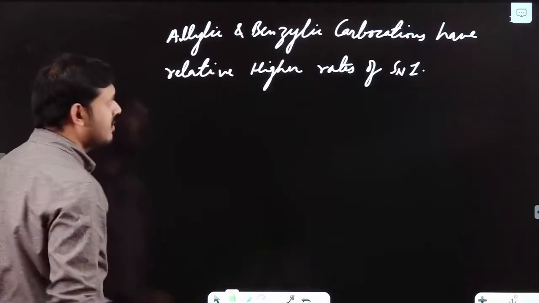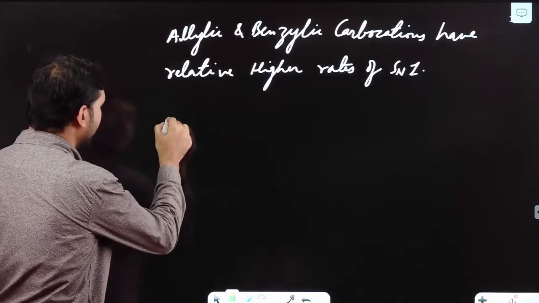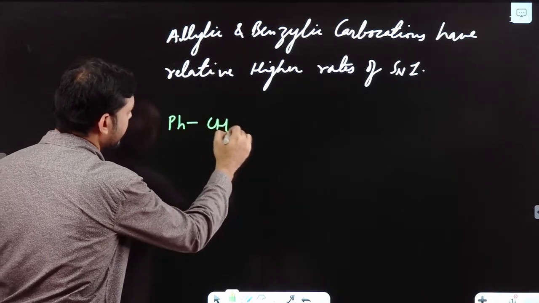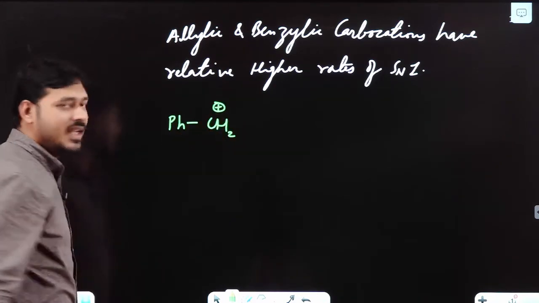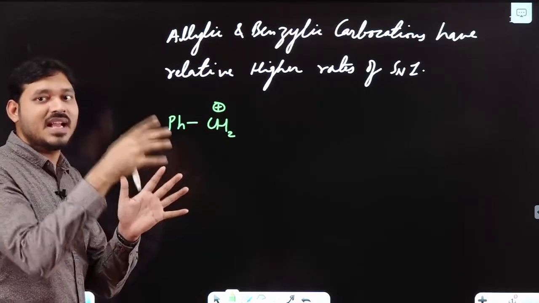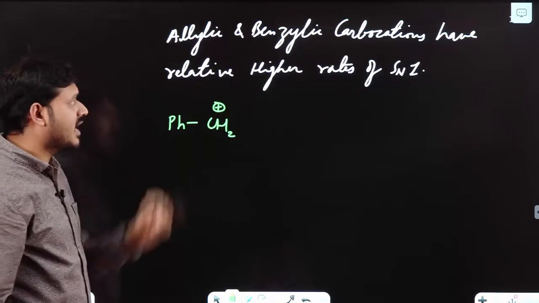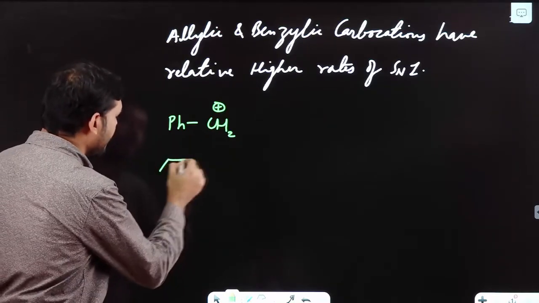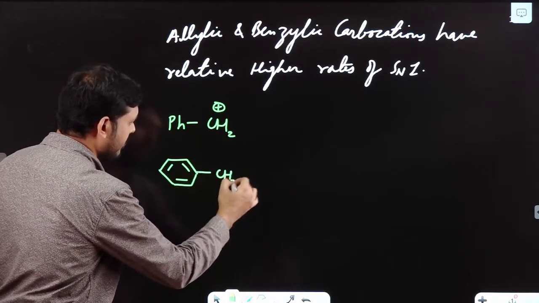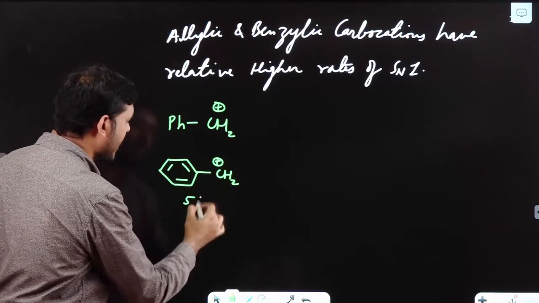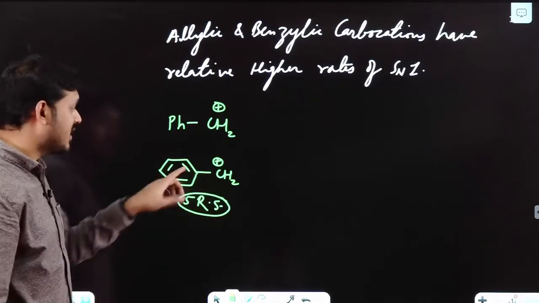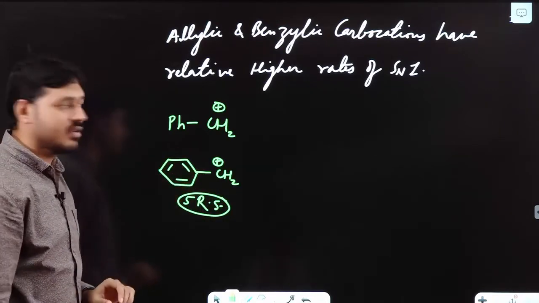When you say allylic and benzylic carbocations, first benzylic, PhCH2 plus, it is benzylic. See, when you say PhCH2Cl, it is benzyl chloride. So this is benzylic carbocation. Okay, if I draw it properly, it forms 5 resonating structures. Okay, and hence this is a very stable carbocation, right?